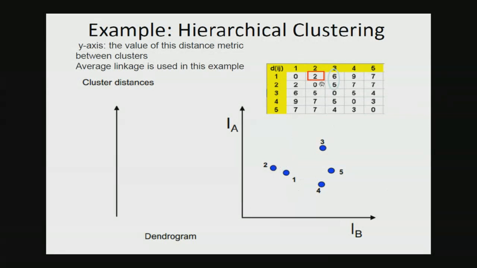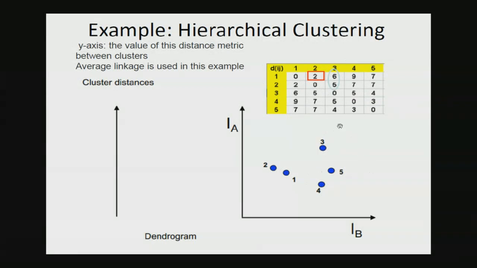So this is 2. And for 1 and 3, the value 6 is the distance between 1 and 3. And 1 and 4 will be distance 9. It's not accurately scaled, but just think of it like this. And then 1 to 5 will be this. And so on, and you construct this distance matrix.